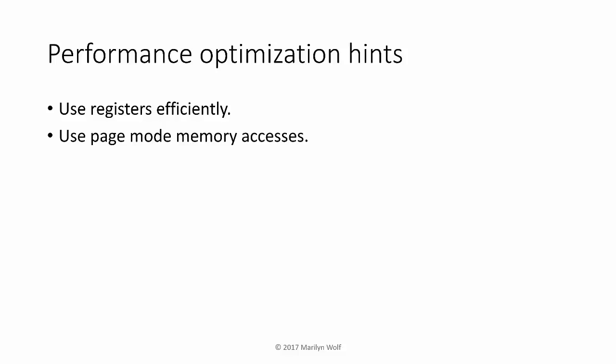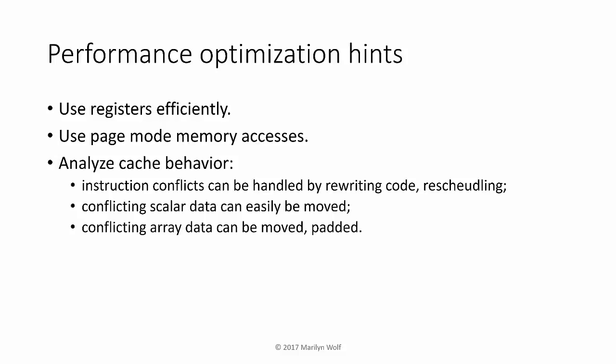This is a feature of memory components that allows us to reduce the time it takes to compute addresses inside the memory. We also want to analyze cache behavior carefully. Instruction conflicts can be handled by rewriting code and possibly rescheduling. Conflicting scalar data can be moved. Conflicting array data can be moved or padded.